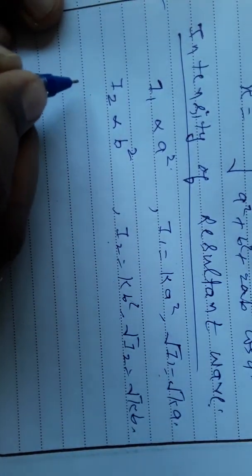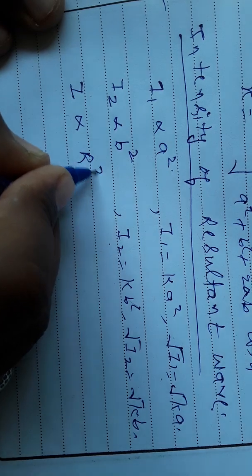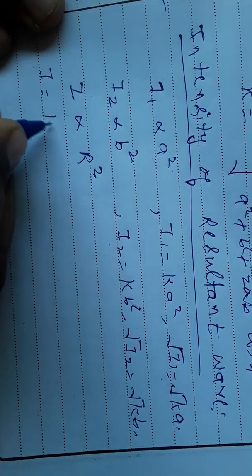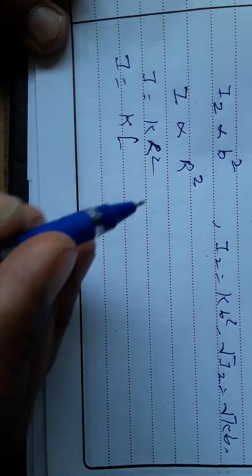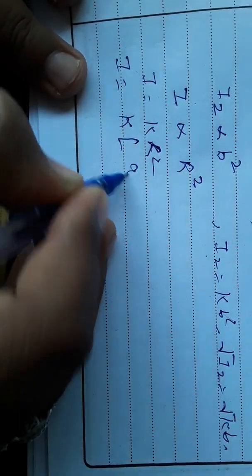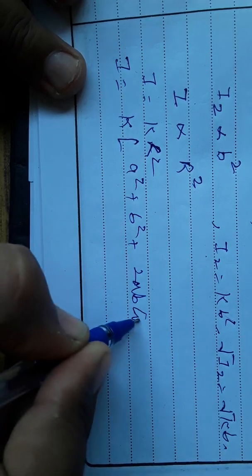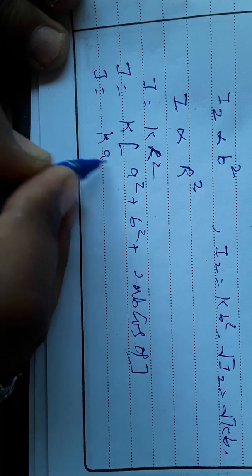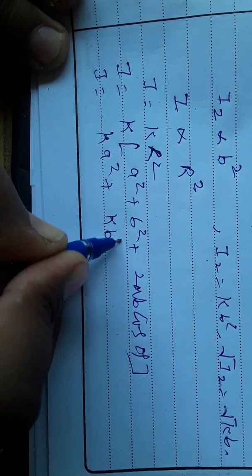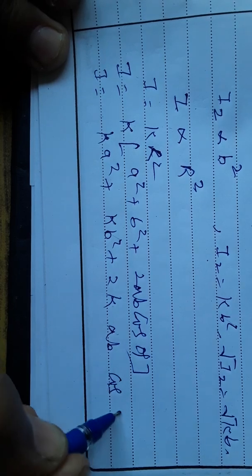Now for the resultant, I is proportional to amplitude R square, so we can put the value of R square. This is a square plus b square plus 2ab cos phi. So I is equal to K a square plus K b square plus 2K ab cos phi.